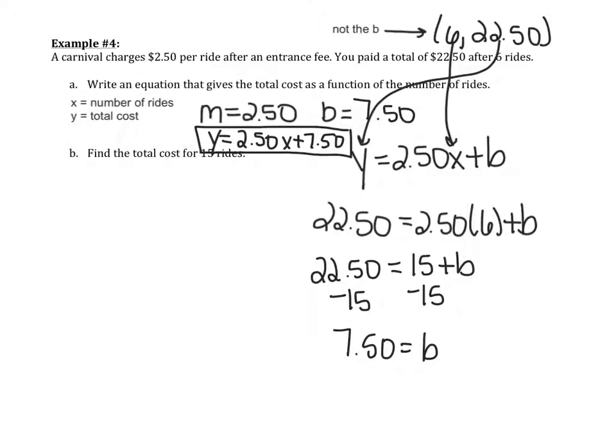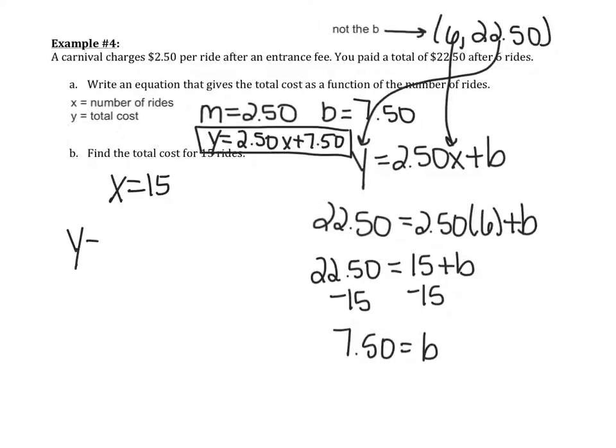Part B says find the total cost for 15 rides. So now that I have this equation, y equals $2.50x plus $7.50, it says find the total cost, which is a y value, for 15 rides, which remember the number of rides is your x value. So basically this is just saying substitute 15 in for x and solve for y.